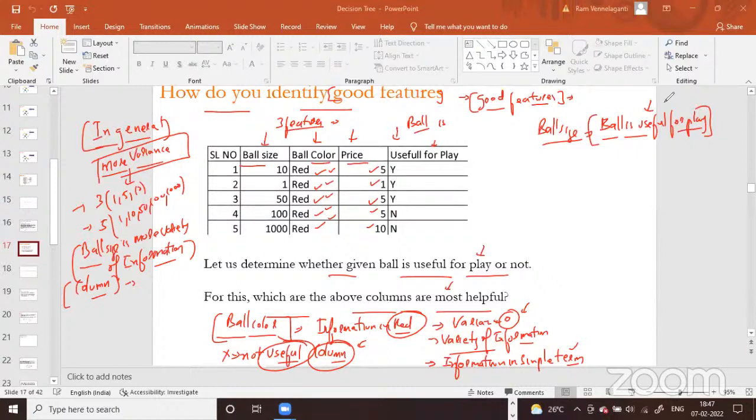You can do this. So among all the three columns, we have discovered that ball size is the most important, most helpful column. But we have not used any of the concepts here. It is simple logical sense with the help of which you are able to decide that ball size is going to be the most important column in our data set.